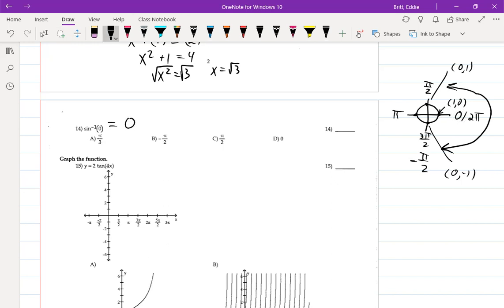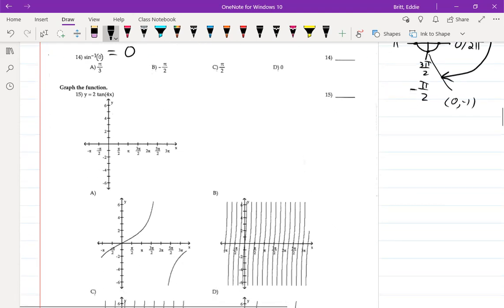So the answer to that is 0. So that's the only one where inverse sine is defined. If it was a trig equation, it would be different. If it was a trig equation, the answer would be 0 and pi. But since it's an inverse equation, we just take the answer where inverse sine is defined.